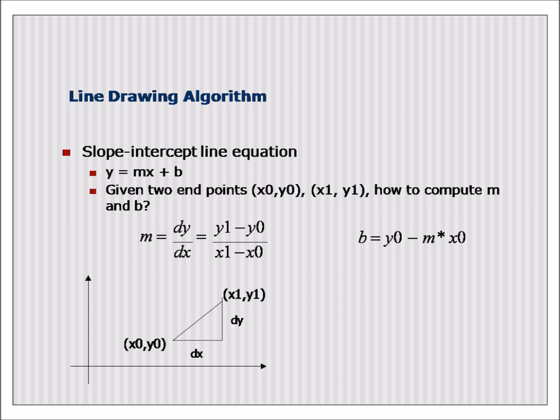If we are given 2 points, x0, y0, that is the starting point, and x1, y1, that is the ending point, how do we compute m and b?